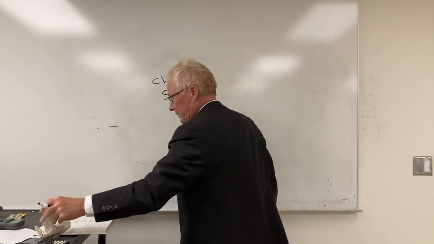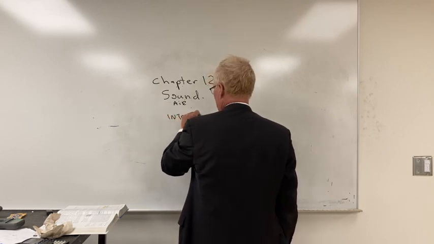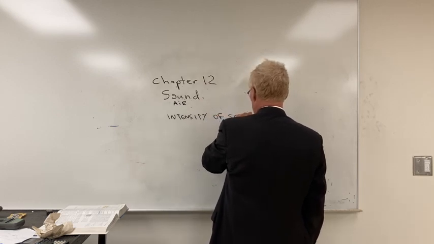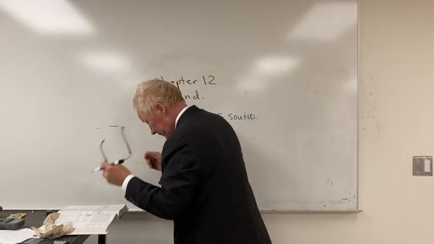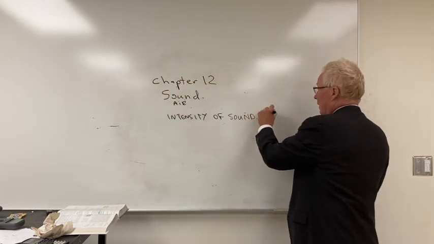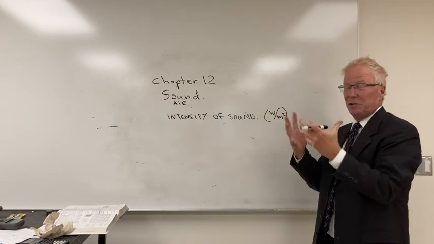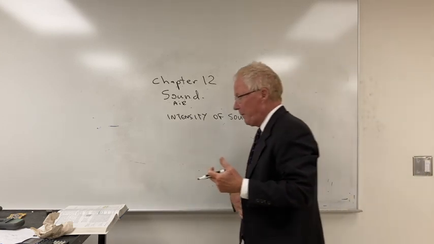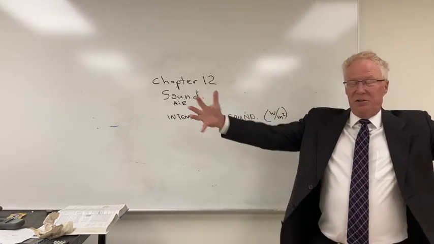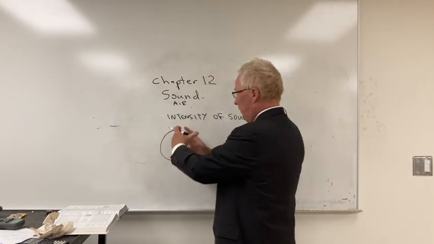All right. We have intensity of sound. Now, intensity is measured in watts per meter squared. So it's how much energy or how much power in a certain area of a meter squared. First of all, this energy falls off with the square of the distance, since we assume a sound wave going out symmetrically.